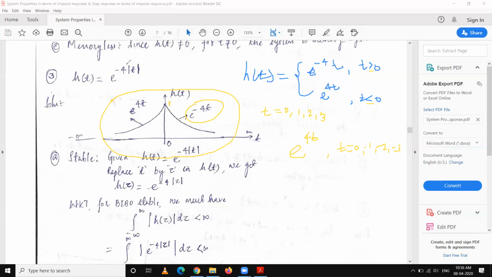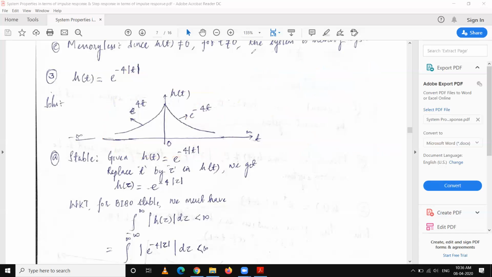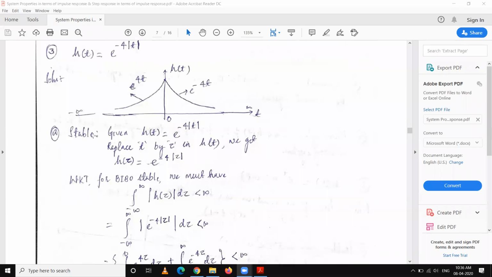Remember this is very important. Mod of t is nothing but the positive value of t and negative value of t. Now we'll see the first property, whether the system is stable or not, given h of t is equal to e raised to minus 4 mod t.